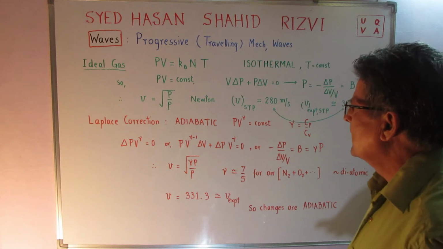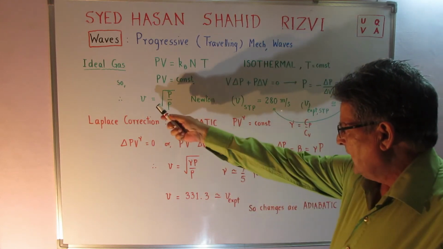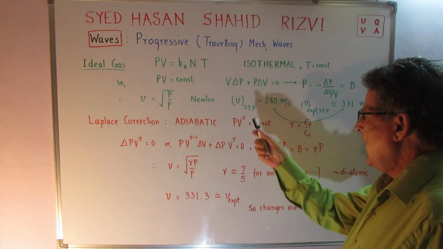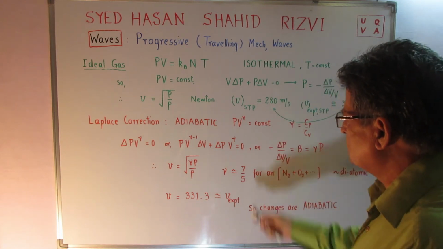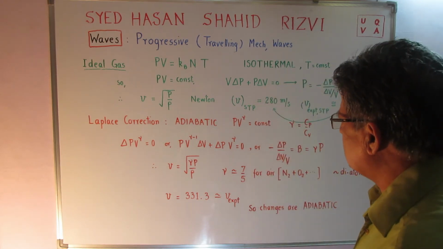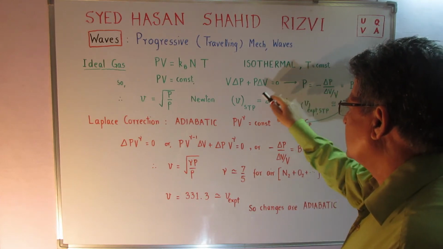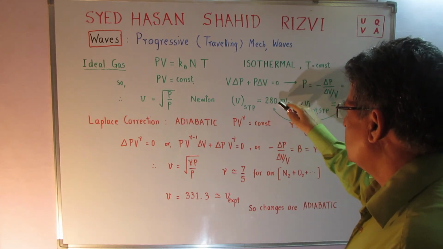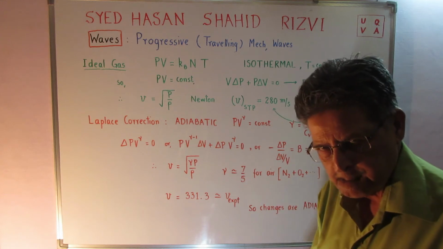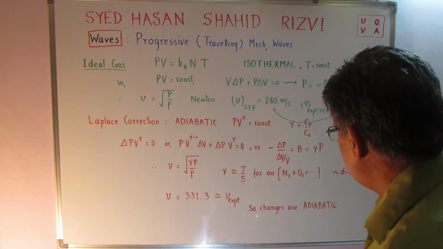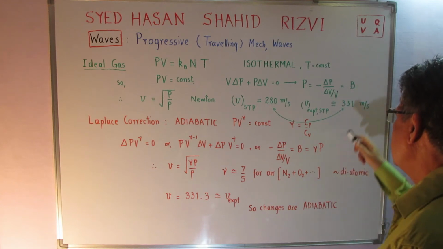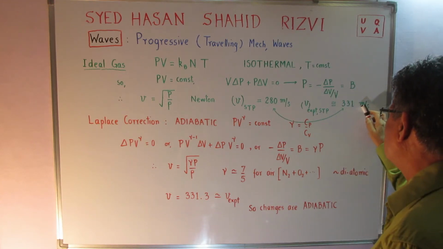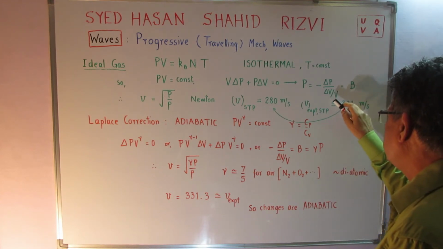So anyway, when I calculate this value of v at STP, standard temperature and pressure, we see that the value is about 280 meter per second. But the experimental value at that STP is approximately 331 meter per second.